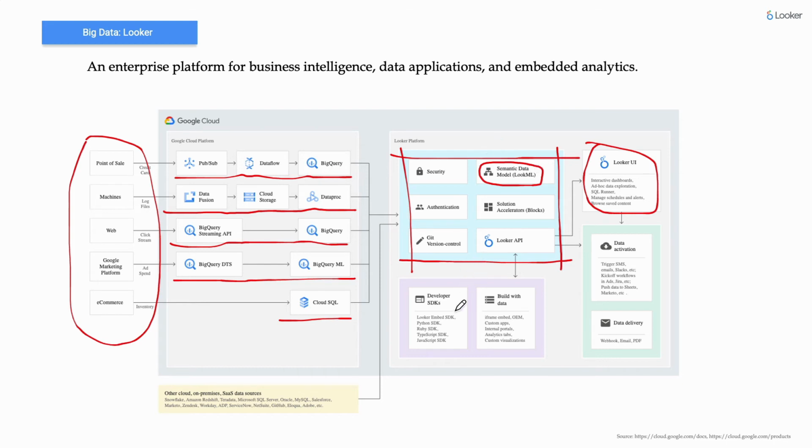Then apart from that, you get all of the developer SDKs and different ways for apps to actually interact with this. Then, as part of notification and everything, you can trigger different things, webhooks, emails, PDF, and all of that. Now, another thing to note is, apart from all of this, it can also connect to all of the SaaS systems or other cloud and on-premises systems.